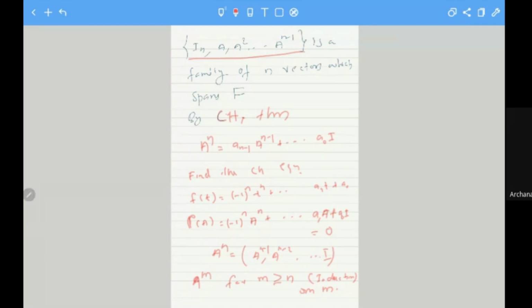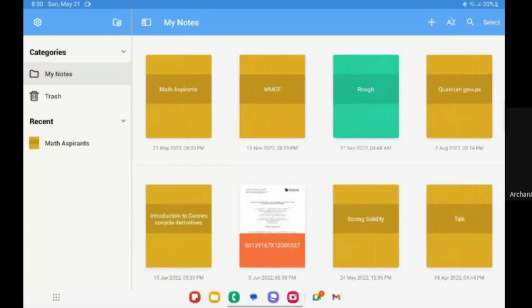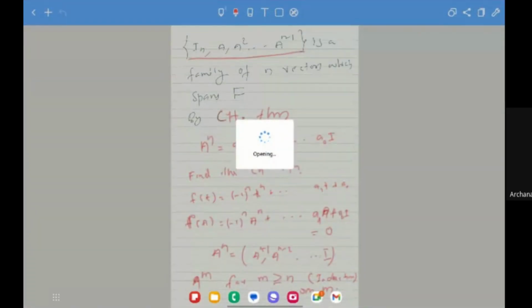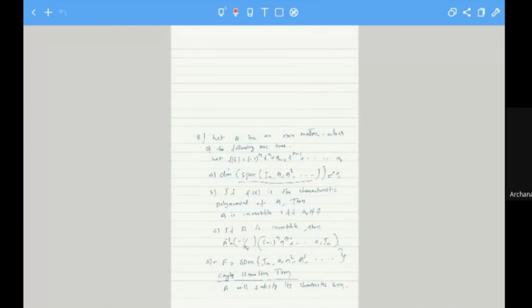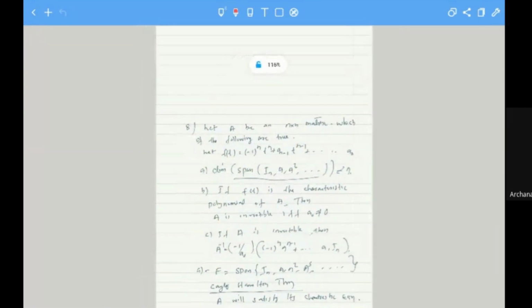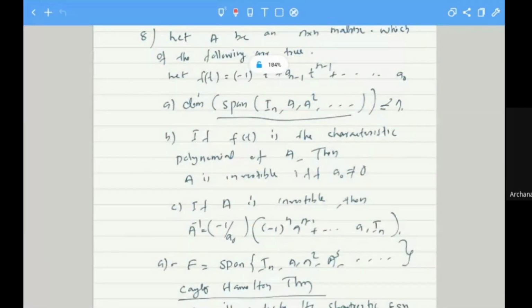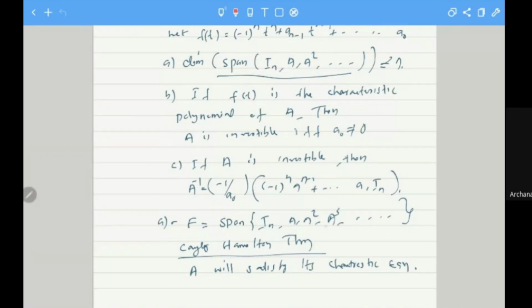Our F was the span of infinitely many elements, but it can actually be spanned by some n elements. So the dimension of this space is less than or equal to n. Is that clear? Yes, sir. So the first option is true.